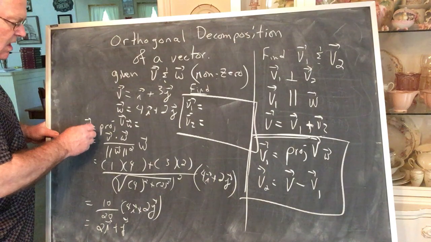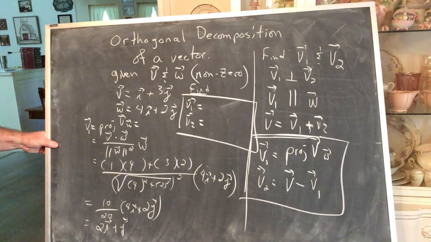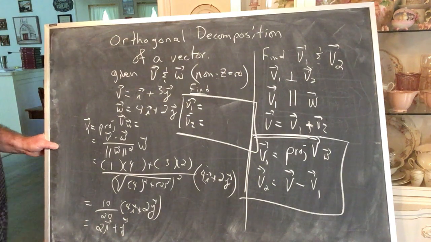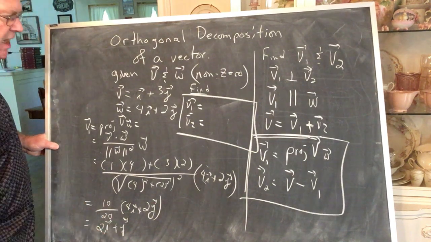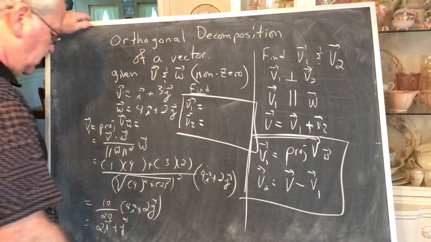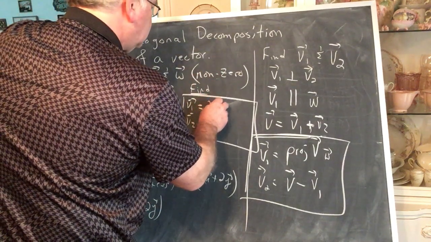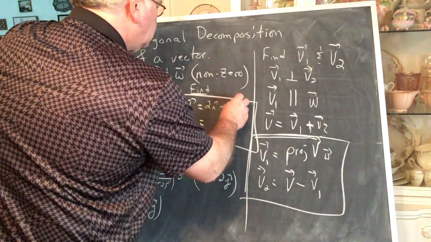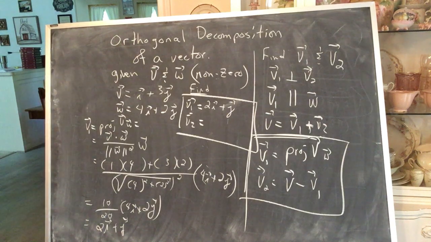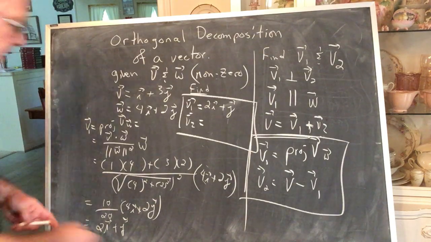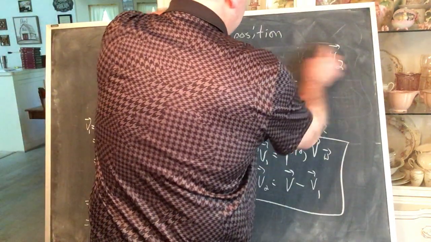So vector v1 is the projection of v onto w, and so that is 2i plus j. Vector v1 is 2i plus j.